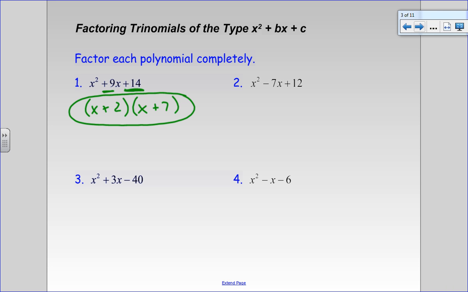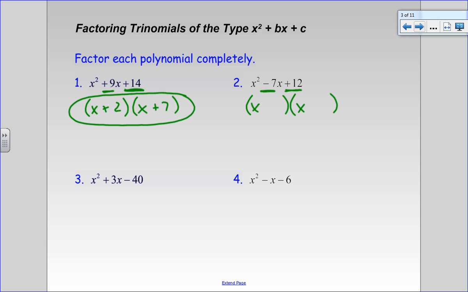Let's move over to example number 2, x squared minus 7x plus 12. Again, we'll write two binomials. The first term of each is x. And then we want two numbers that have a product of 12, but in this case we want a sum of negative 7. This is a little bit different than what we had before because of that negative sum.